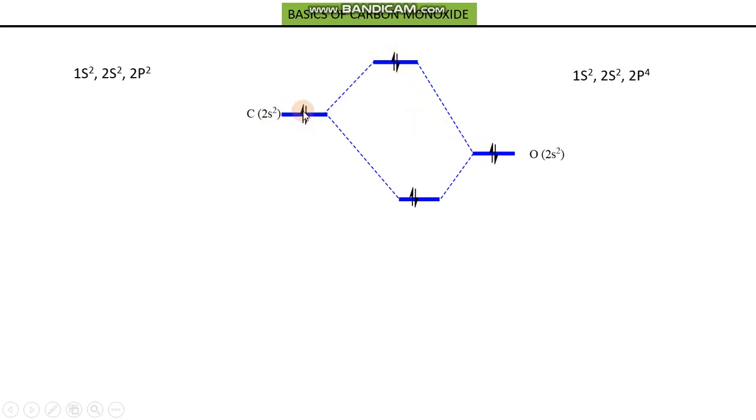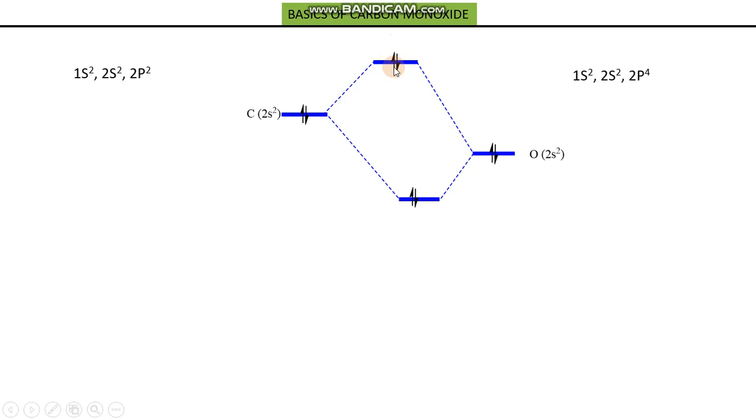Now, since there are two electrons with oxygen and two electrons with carbon, the total number of electrons in atomic orbitals is 4, and we have to place these 4 electrons accordingly in molecular orbitals as per electronic configuration rules. So 2 electrons will occupy on priority basis the orbital which is lower in energy, and since this bonding molecular orbital is lower in energy, it will be occupied first, followed by occupation of the anti-bonding molecular orbital, provided that electrons are there.